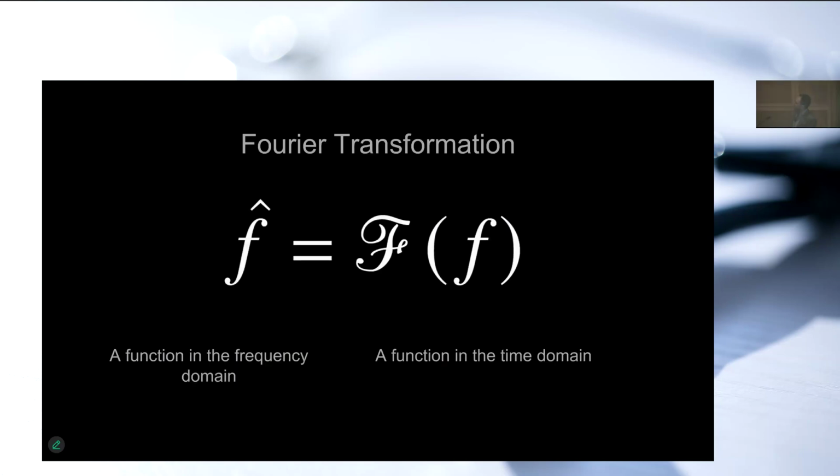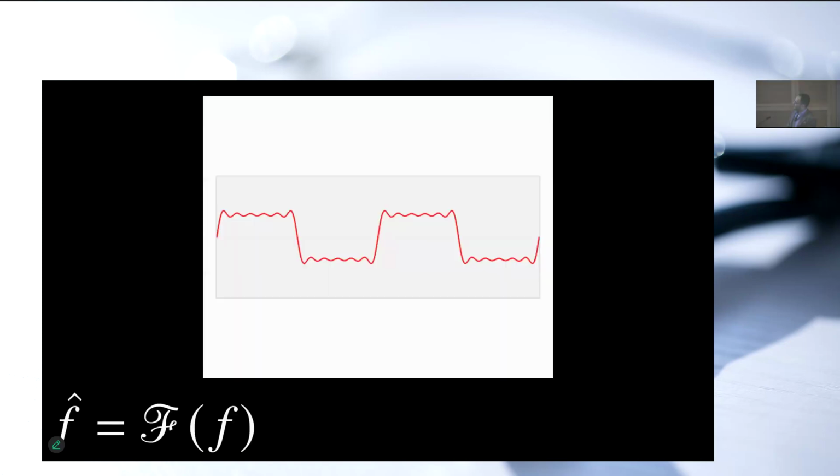So Fourier's theorem basically says that a function in the time domain can undergo some transformation to be represented as a function in the frequency domain. So if you took some function like f, which is really a square wave, you can imagine that it's composed of these underlying sinusoids, cosines and sines, of varying amplitudes and increasing frequency.